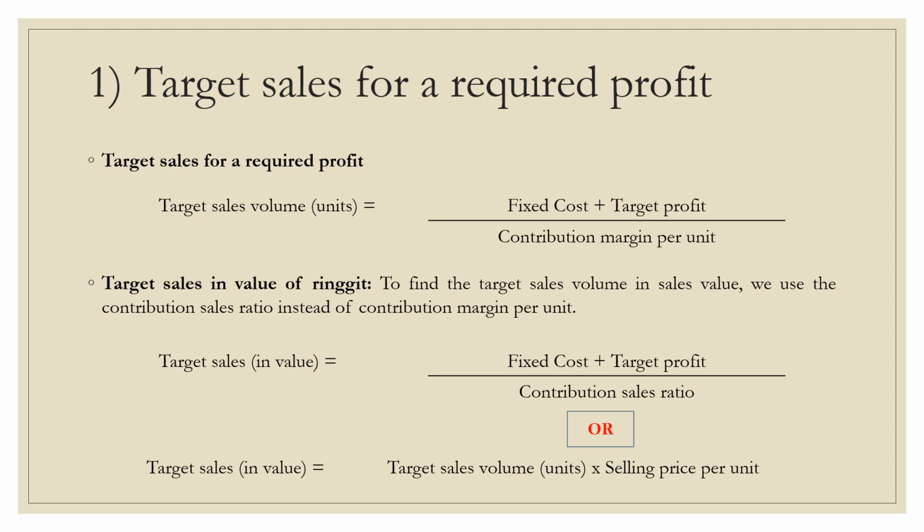So we use the contribution sales ratio instead of the contribution margin per unit. The target sales in value equals fixed cost plus target profit divided by the contribution sales ratio. Previously it was in terms of the margin, now in terms of the sales ratio.